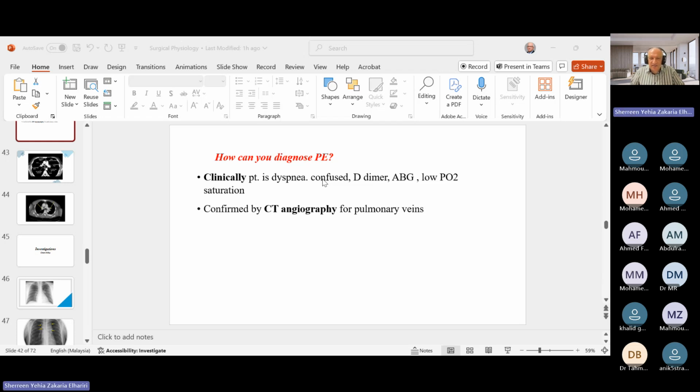We have 3 stations, and these 3 stations are physiology. The physiology is done by either an intensive care doctor or a physiology doctor. Usually the intensive care or anesthesia doctor does what he does in practice. In big hospitals, the anesthesia department has a clinic called the pre-admission clinic.